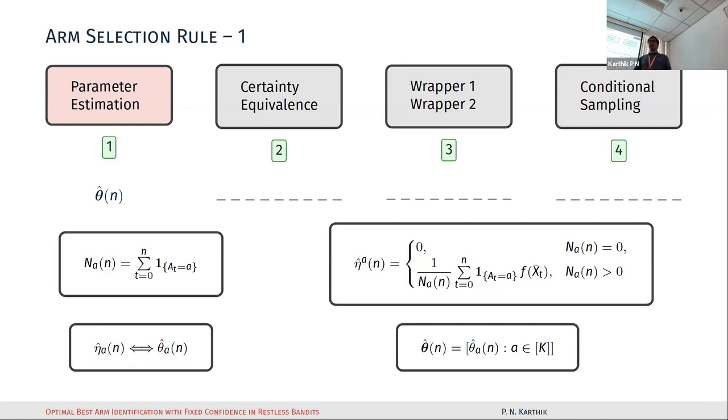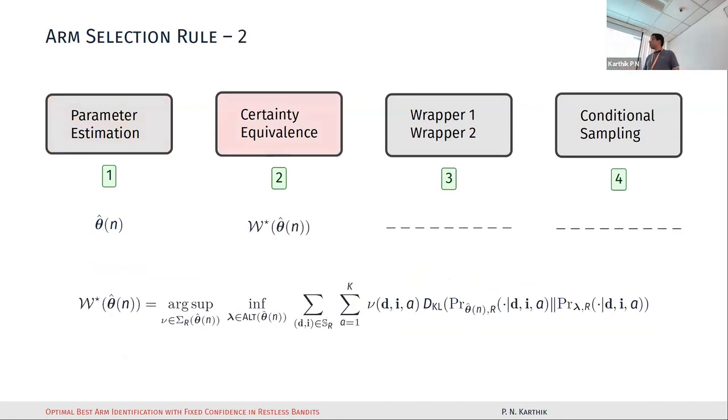Using the estimated theta vector, we will compute W star of theta hat. Remember, W star theta is the set of all nu vectors which attain the supremum in the expression for T star. In that expression, replace theta with theta hat n. W star theta hat n is the set of all supremum attaining nu. So we compute this.